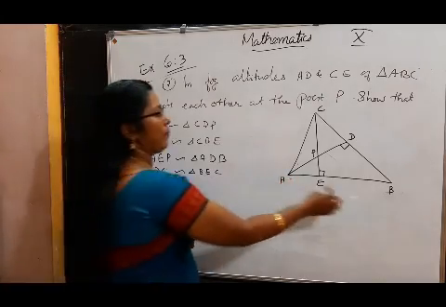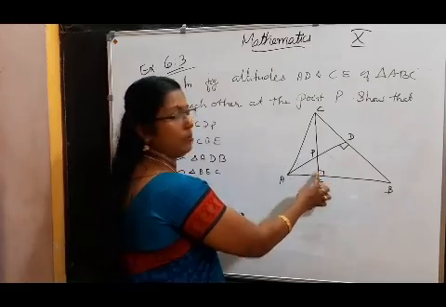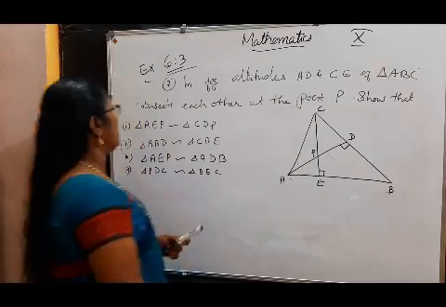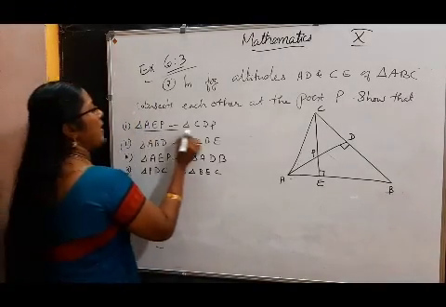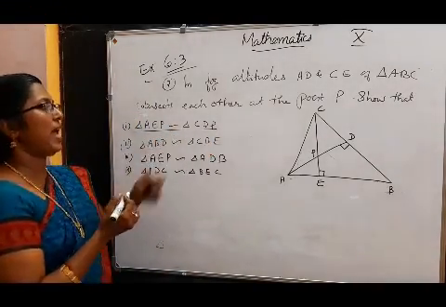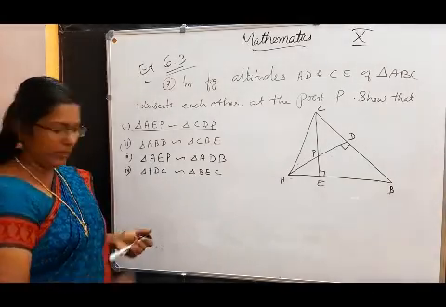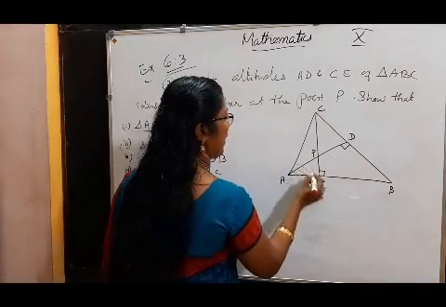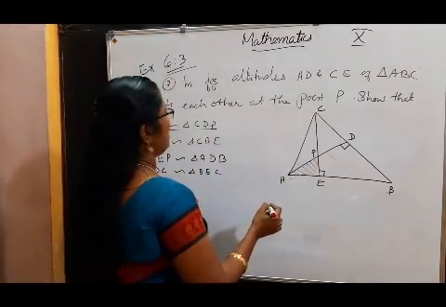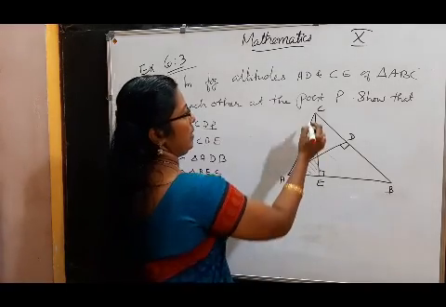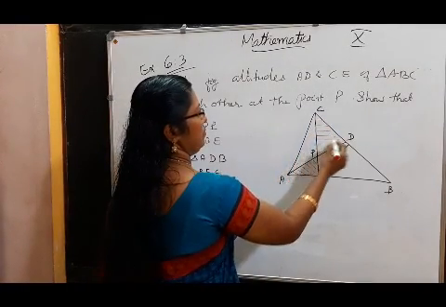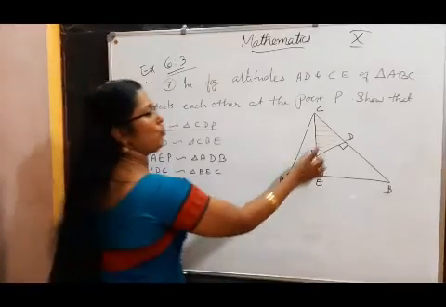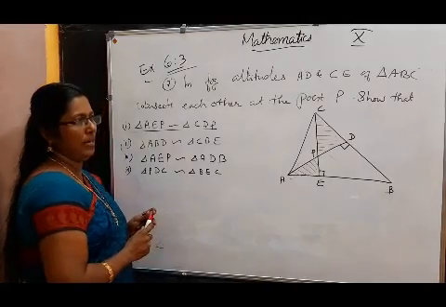Here, in triangle ABC, the altitudes, that means the perpendiculars CE and AD, intersect at P. First, show that triangle AEP is similar to triangle CDP. Where is AEP? This one. Where is CDP?